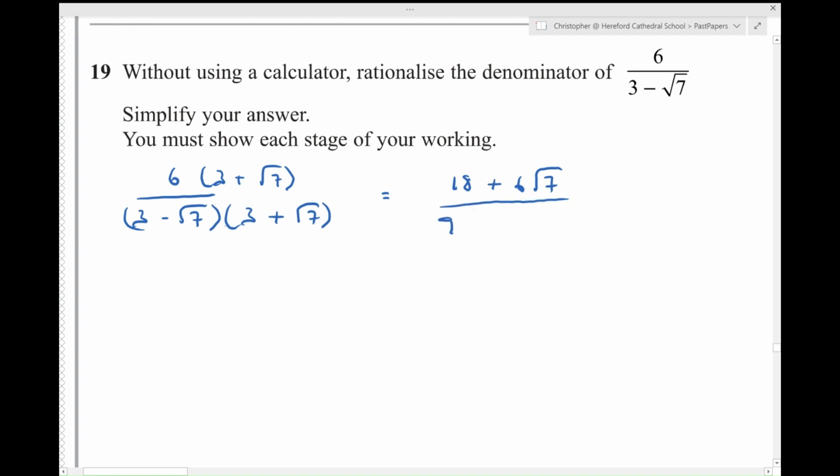The middle terms are going to disappear, minus 3 root 7 and plus 3 root 7. And then I'm going to have minus root 7 times root 7, so minus 7. So that's going to give me 18 plus 6 times root 7 over 2. Well, that is just 9 plus 3 root 7.